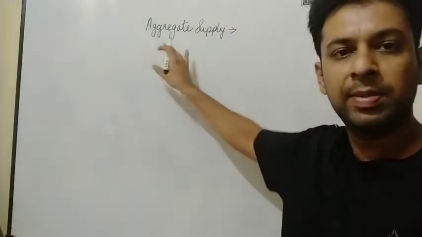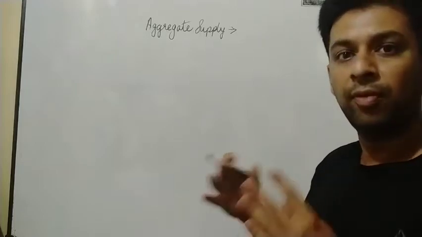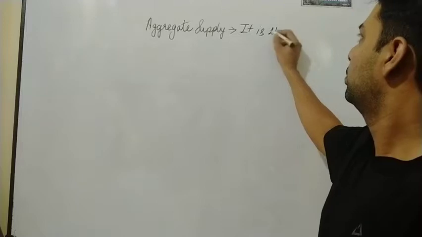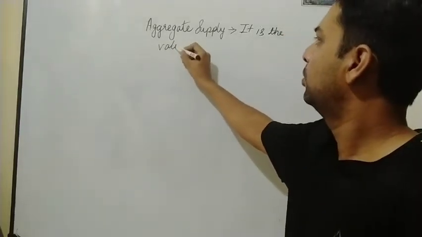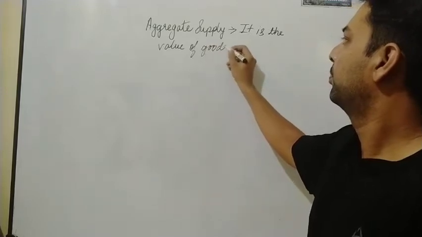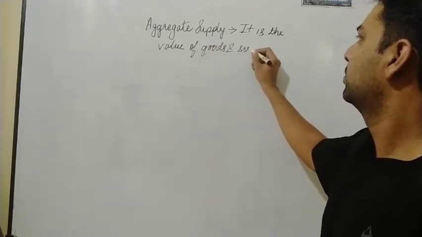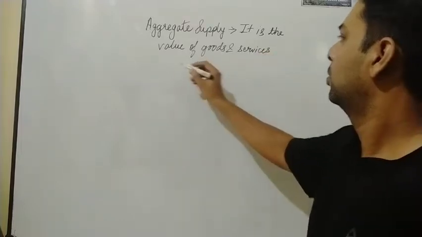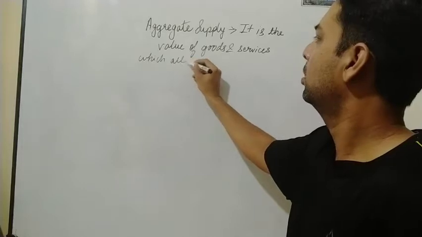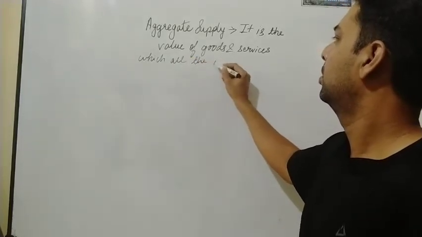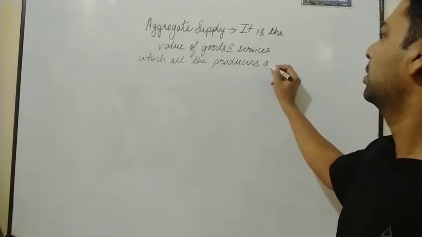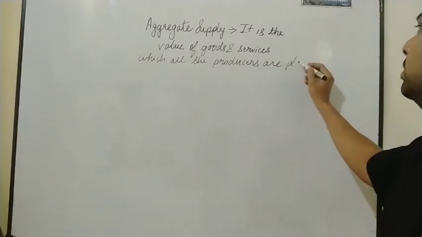Aggregate, I told you, means total. So total of what? We can say that it is the value of goods and services which all the producers are planning to produce in a fiscal year.